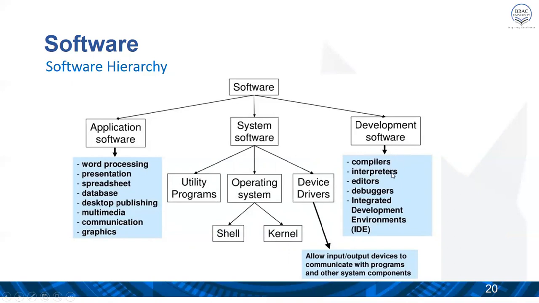Compilers and interpreters are included in this type of development software. So compilers and interpreters actually translate application programs into machine codes. And integrated development environment, known as IDE, is basically a software platform where the high-level language can be created and managed.